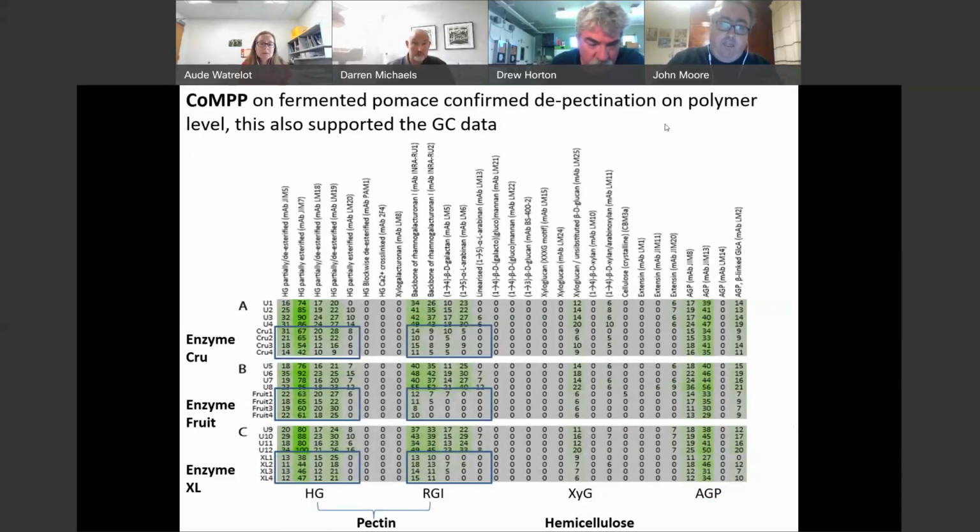More so, interestingly, than the antibodies for homogalacturonan epitopes. So that was quite curious for us. So that indicated that something about the complex side chains of pectin in the RG1 form seems to be more important to have that component degraded than necessarily just homogalacturonan, HG.